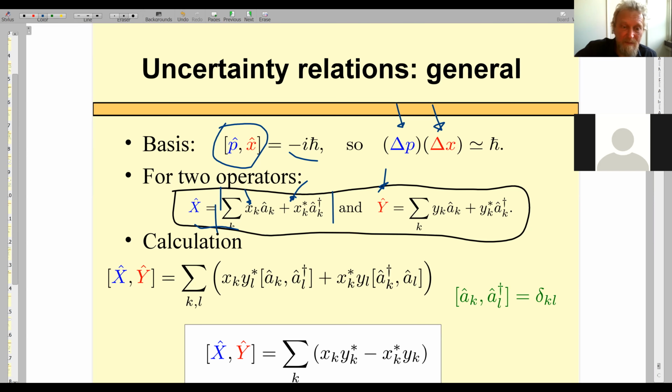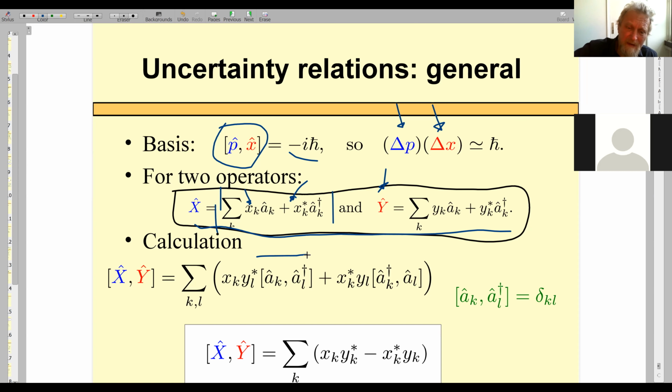Now the calculation, which is very simple. I need to compute the commutator of these two expressions. I know that all A commute with all A, all A dagger commute with all A dagger. Then non-commuting terms can come only with A and A dagger.